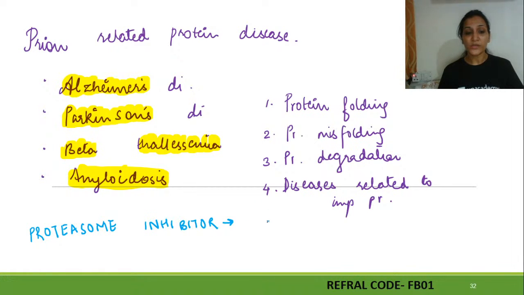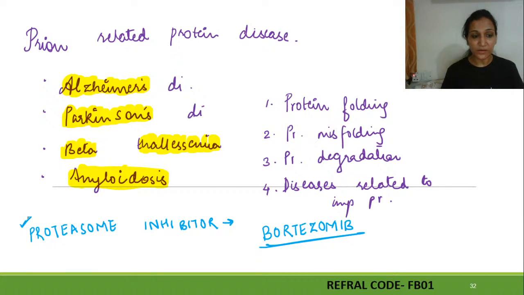So what is a proteasome inhibitor? It is bortezomib. Bortezomib is your proteasome inhibitor. So what is its utility? It is used in multiple myeloma and hepatocellular carcinoma.